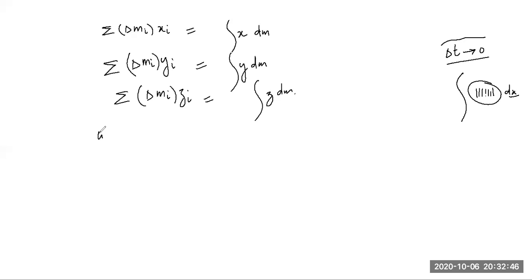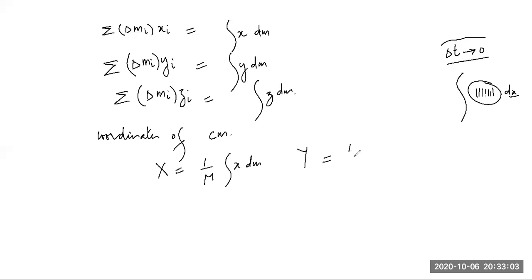So from this I will get the coordinates of the center of mass. X is equal to 1 by M integral x dm. What is y? 1 by M integral y dm.